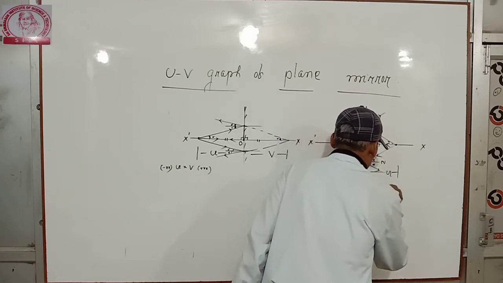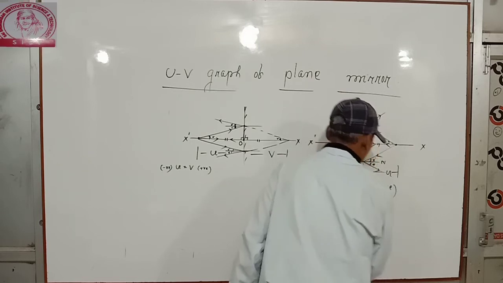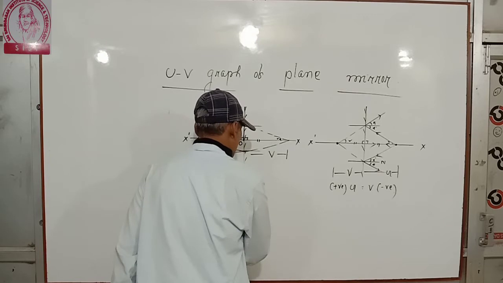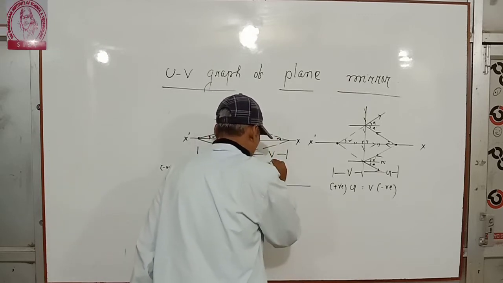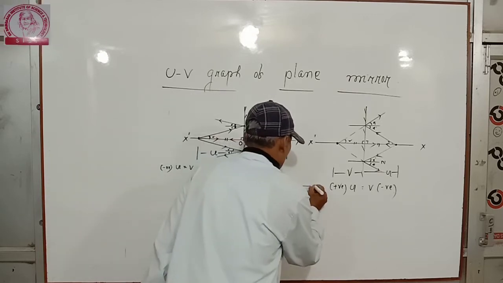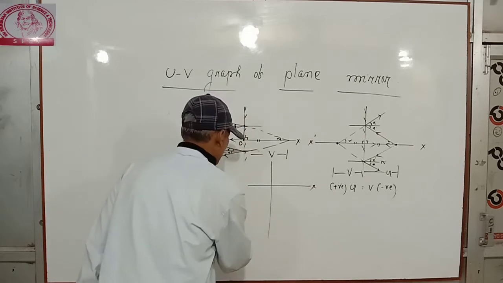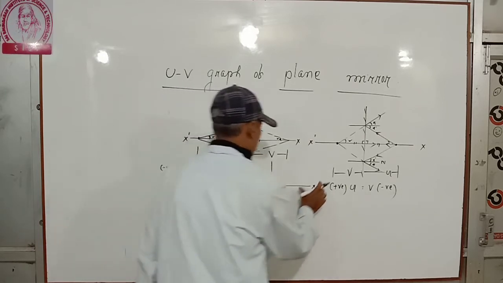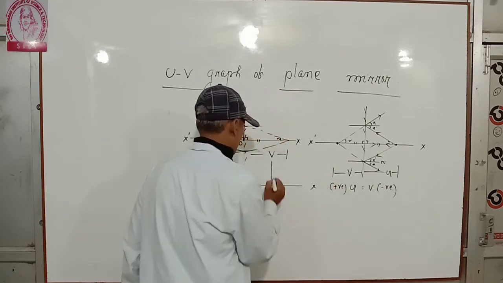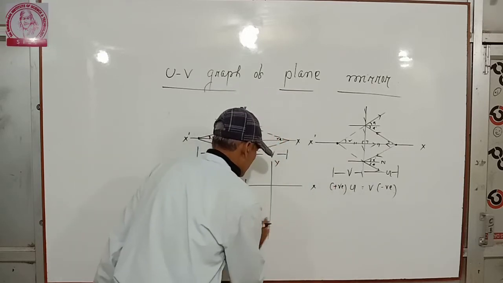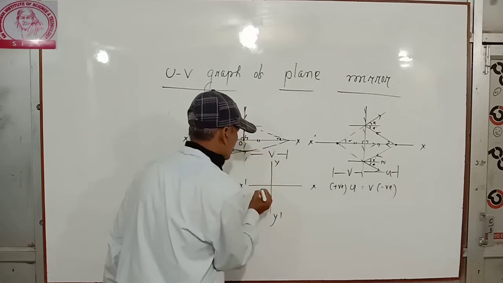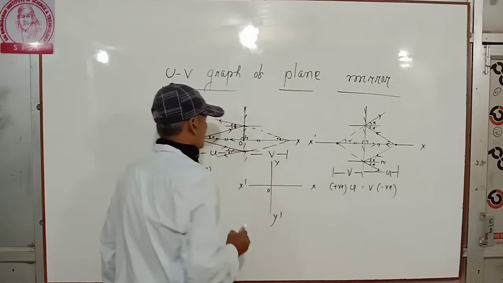This is negative X, X dash, Y, Y dash, origin.